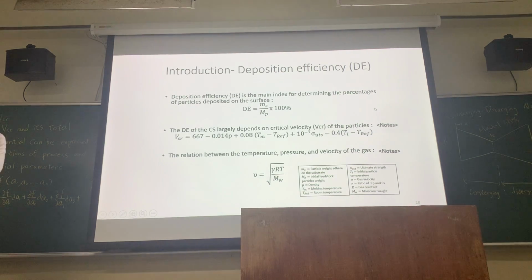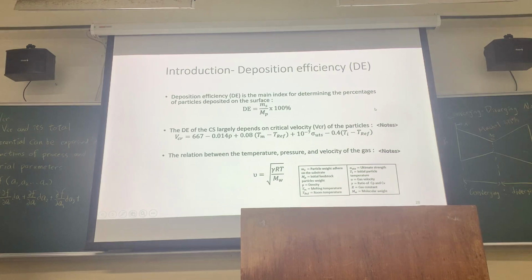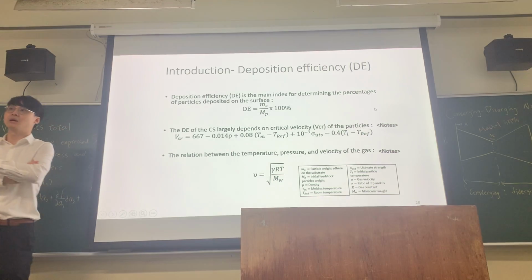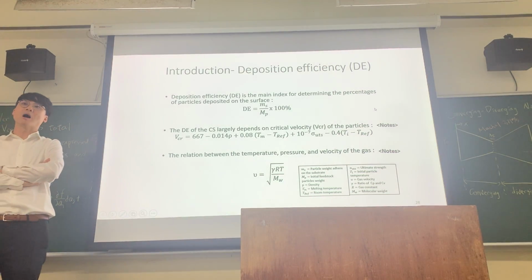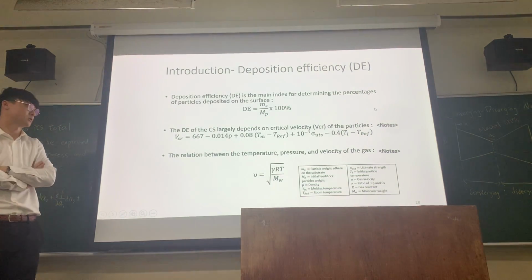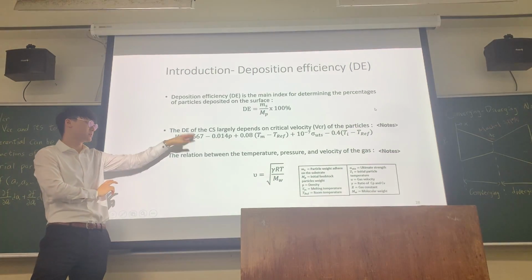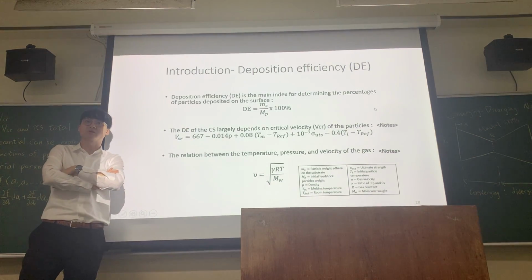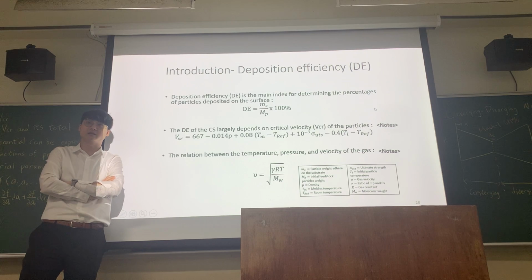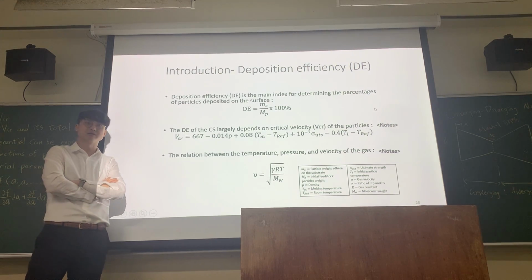So here comes an author. My apologies, I didn't put the reference over here. This author is well known and has come up with an empirical equation that describes the critical velocity for a particle to be deposited onto the substrate. Over here 667 is for a particular particle he has designated; if I recall correctly, it's copper.